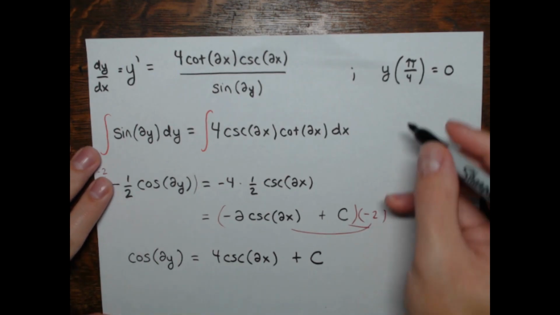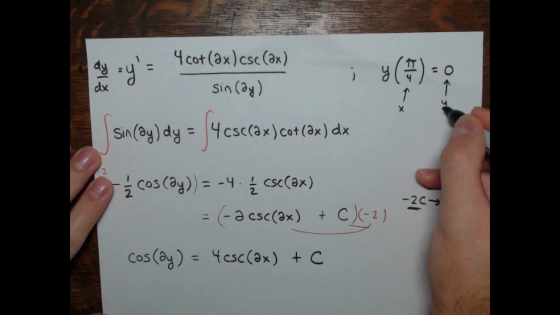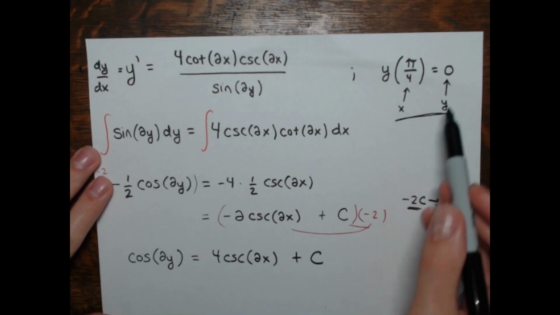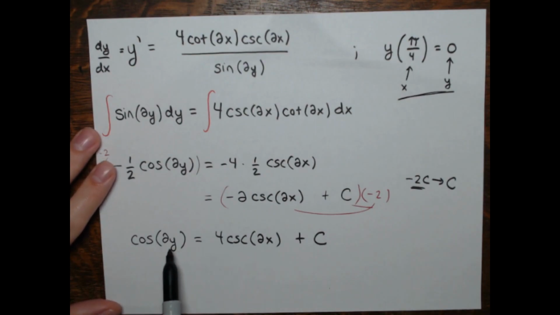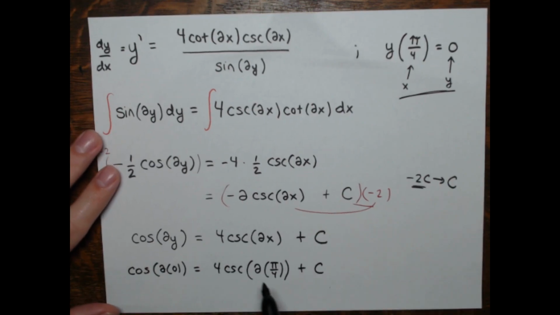Right, so we are told, again, when x equals pi over 4, y equals 0. So I'm going to use that information here. Replace y with 0, x with pi over 4, and then we can solve for the constant c here. So the cosine of 2 times 0 equals 4 times the cosecant of 2 times pi over 4 for x, plus some constant.